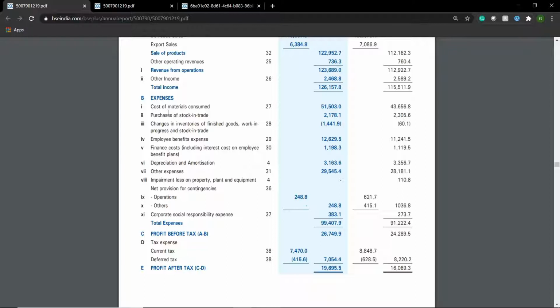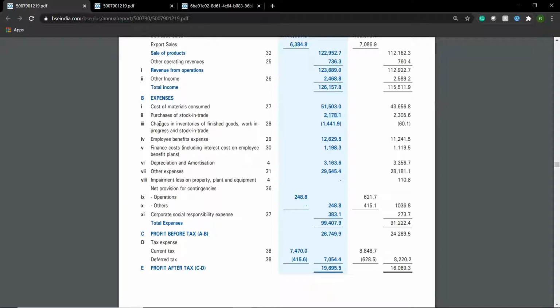What happens is that the company makes a deal with another manufacturer or another industry which might produce the same product, and after they manufacture that product, the company, that is Nestle India, buys that product from the manufacturer and puts their brand logo or whatever, and then sells it off. So they might be getting some incentives from this, or it might be beneficial for their costs or something like that. Because of that, they buy this directly from the manufacturer, and the expense for this is shown over here.